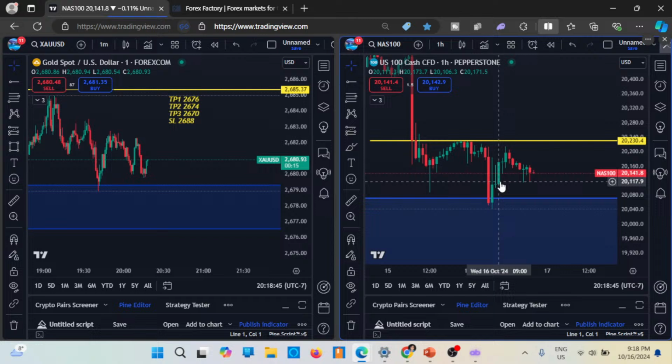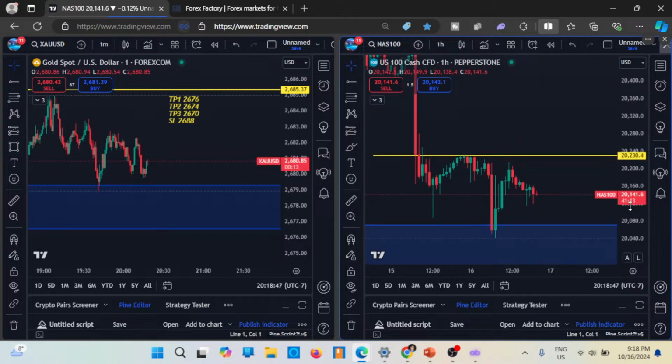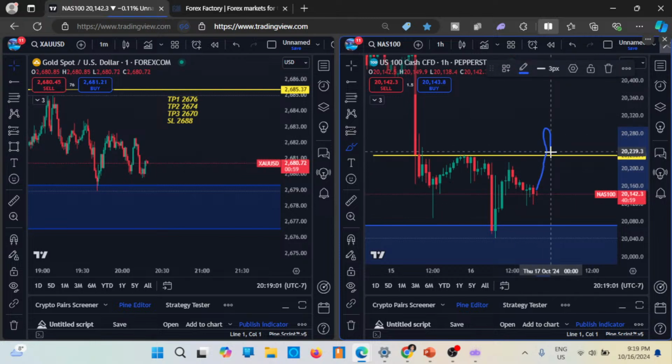So at this moment, if you want to enter a buy, the best thing to do is wait for the price to break above this resistance right here, which is at 20,334. If we can see a 1 hour bullish candlestick above 20,334, then you can enter a buy.